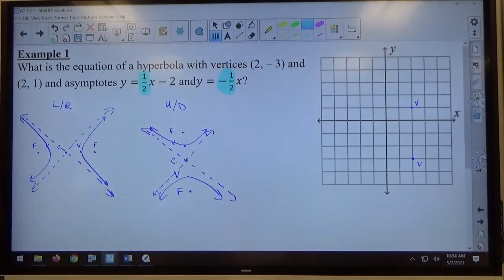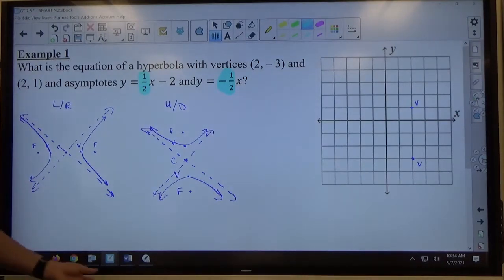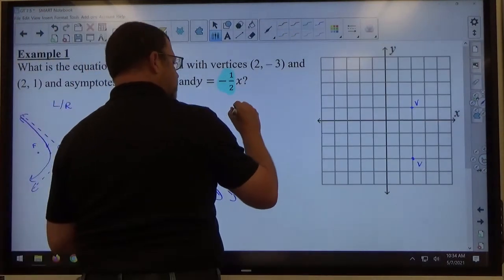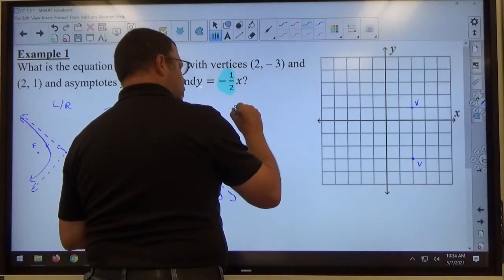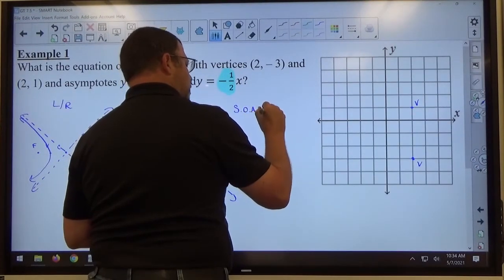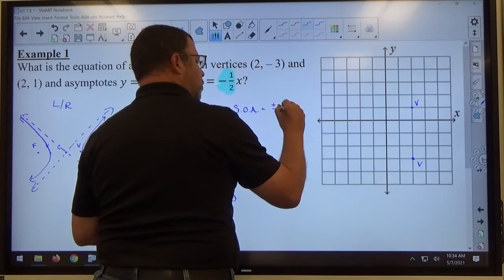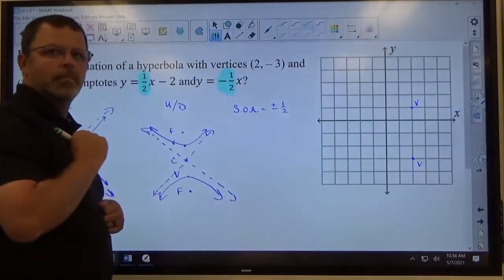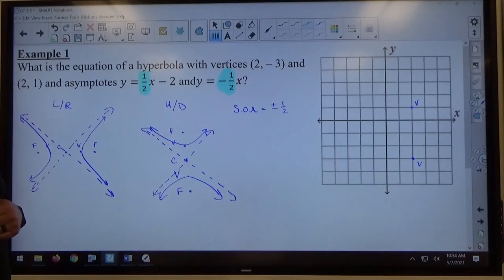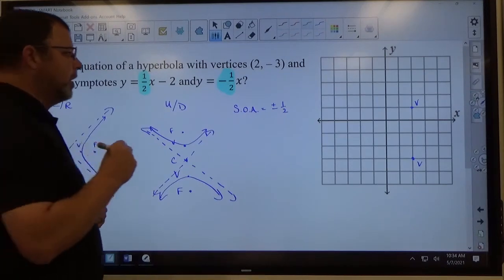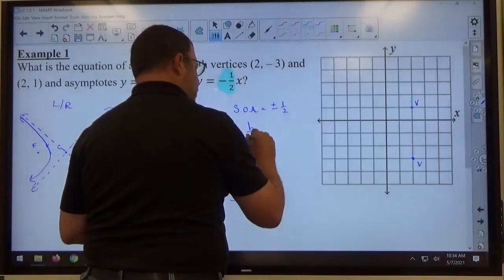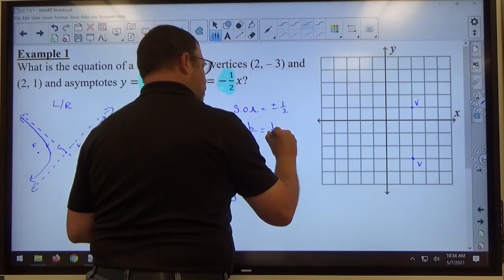So the slopes of the asymptotes equal plus or minus 1 over 2. What that tells me is that b over a is equal to 1 over 2.